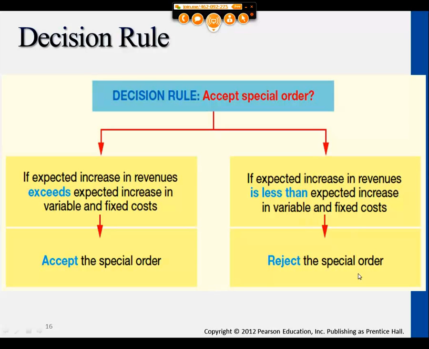So it's a little math, a little logic. Are you accepting or are you rejecting? For that, we just learned how to calculate. We have all the tools on hand. We can understand, are our variable and fixed costs going up or down? What's happening to revenue? And so we can make a decision whether we're accepting or rejecting that special order.